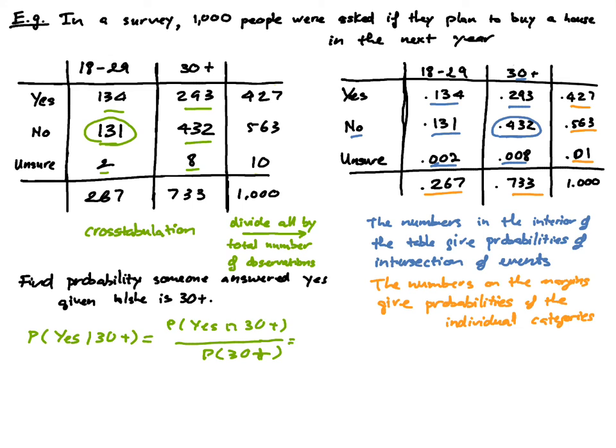According to the table, the probability of the intersection of yes and 30 plus is 0.293, and the probability of 30 plus is 0.733. So if you do the math here, you get 0.399 something, which you can just round to 0.4.